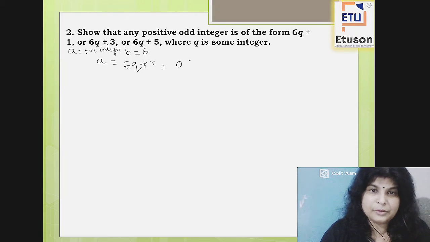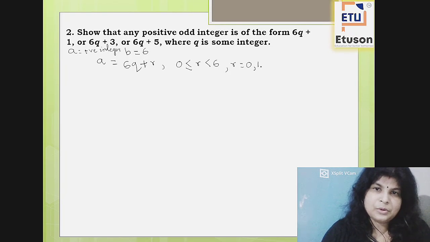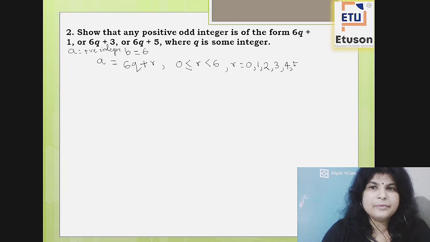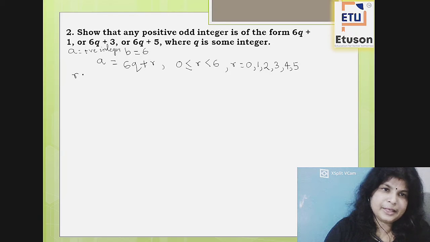So r value, it lies between 0 and 6. It is less than 6. So what are the possible values of r? So it is 0, 1, 2, 3, 4 and 5. Correct. So now one by one we will take the r value.